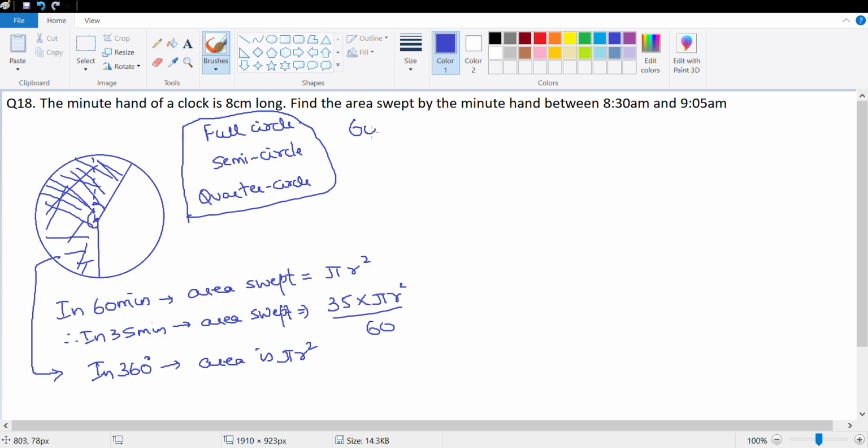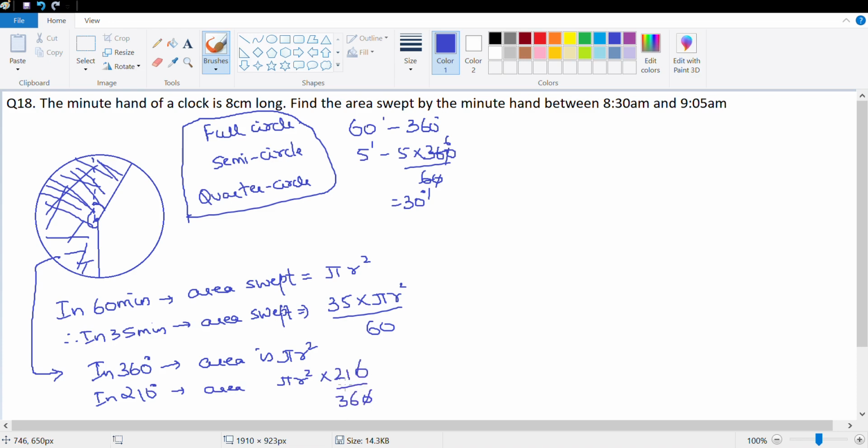So 60 minute sweeps 360 degree, which means 5 minutes sweeps 5 into 360 upon 60. That's 30 degree. So area swept in 30 degree plus 180, which is 210 degree, would be area pi r square into 210 upon 360.